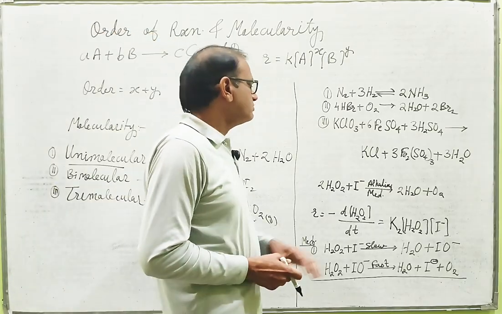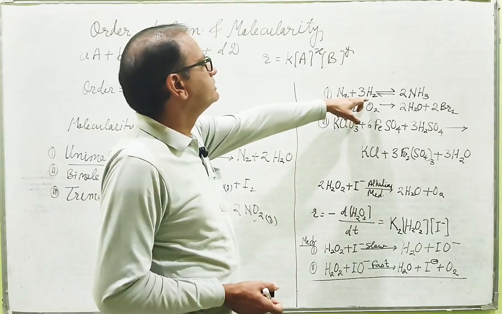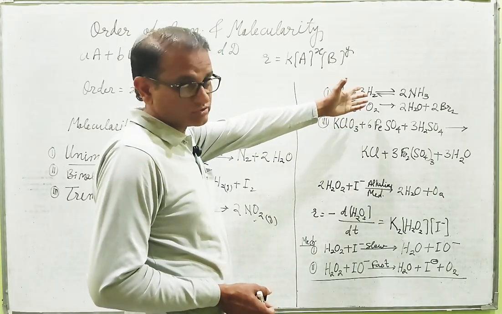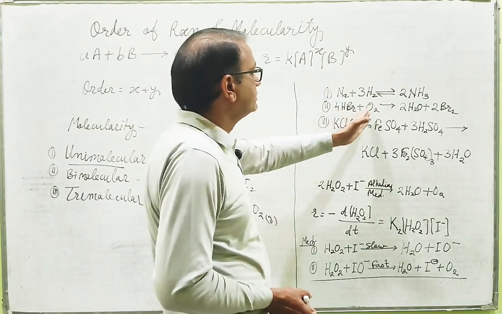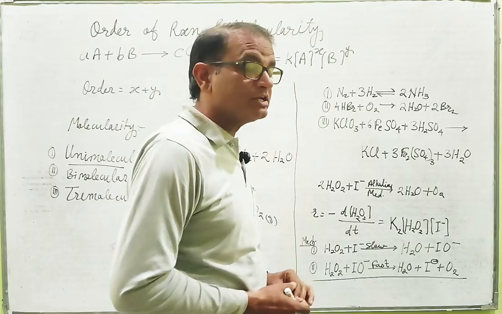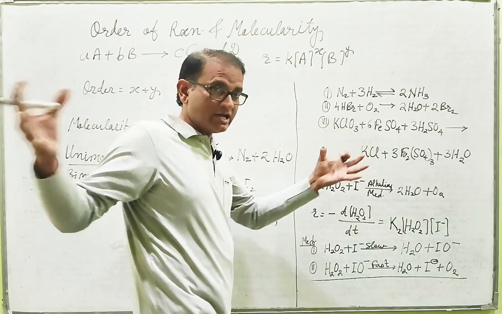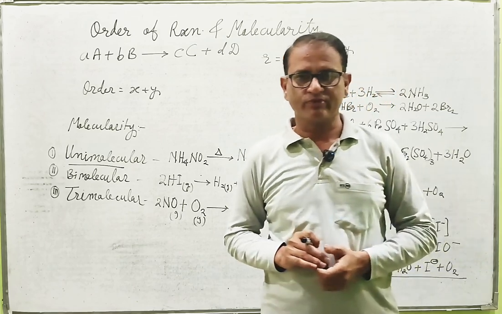Seeing these reactions, it seems the molecularity of this reaction is 4, which is quite impossible. Molecularity here is 5, here it is 1, 6, 7 and 3, 10. Striking 10 molecules at a time is quite impossible.